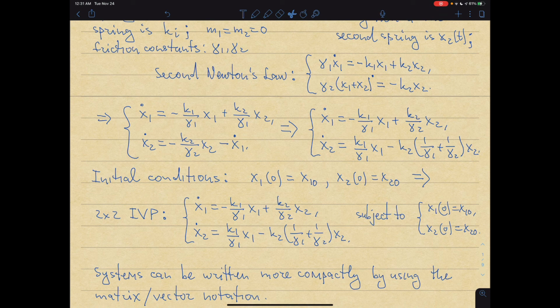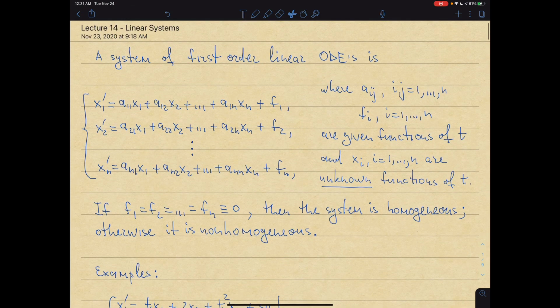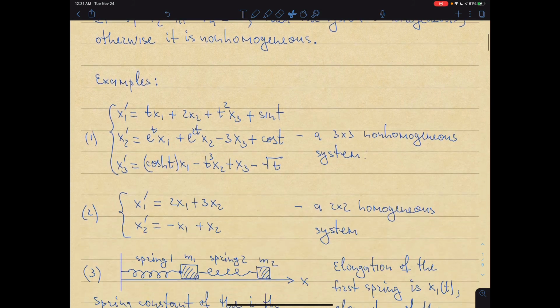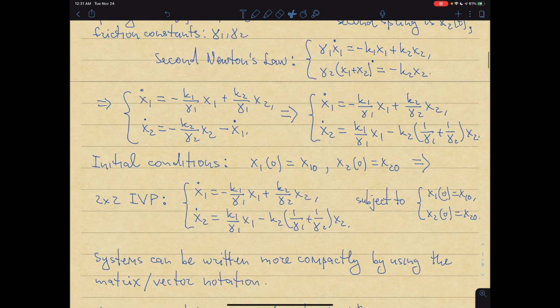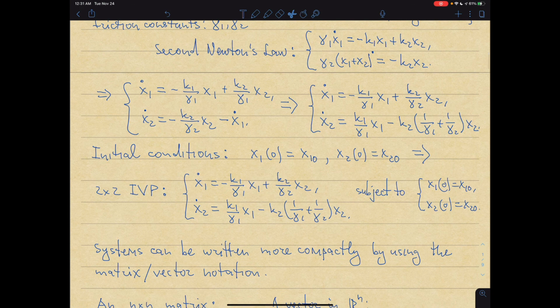And it might be worthwhile to try to rewrite these systems, right? It's a pretty ugly expression, this general linear first order system. It's a fairly large expression. So we probably can benefit from writing it in a simpler, more compact way.